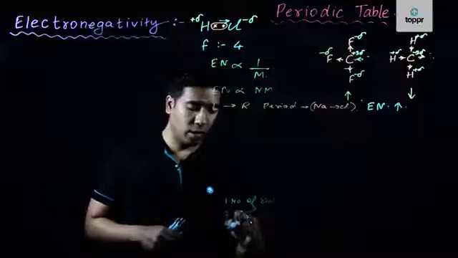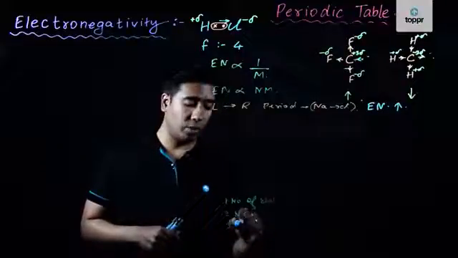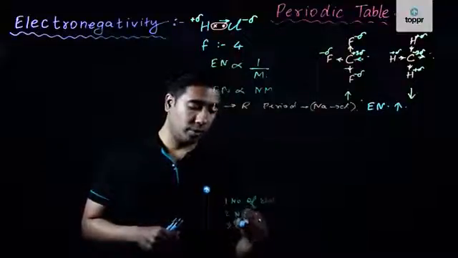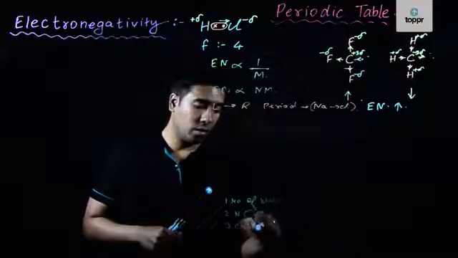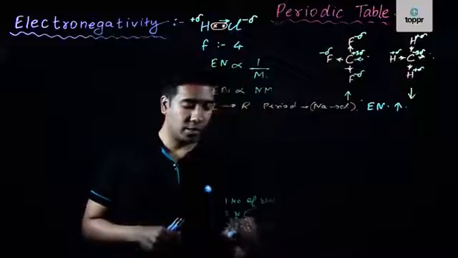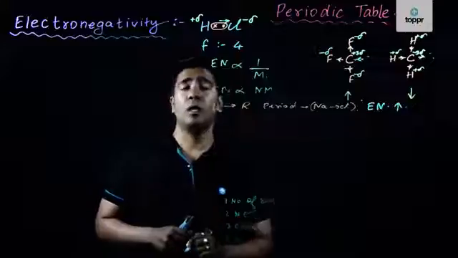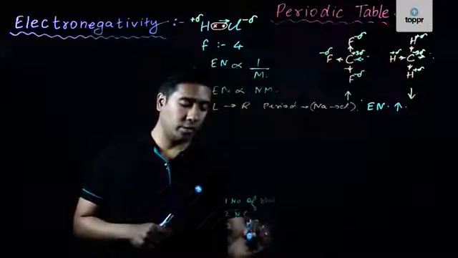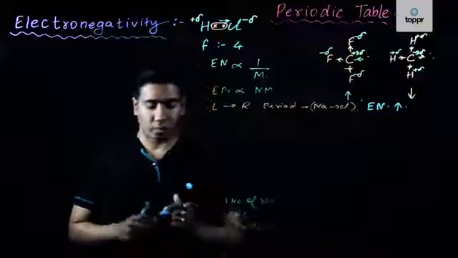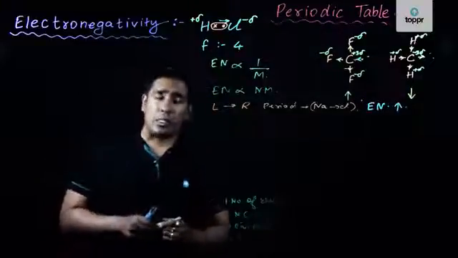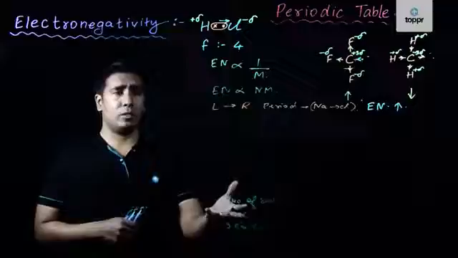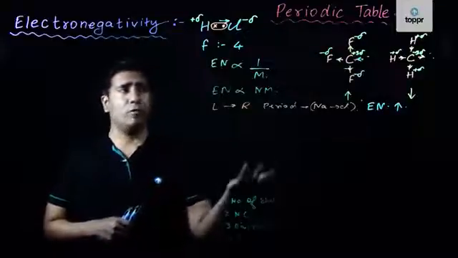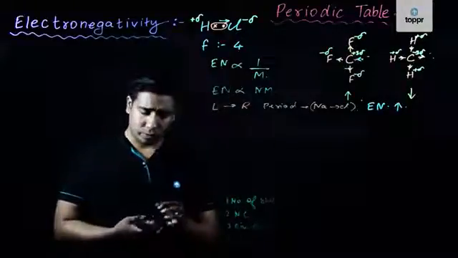Third, it will depend upon the electronic repulsion which is present. And fourth, it will depend upon something called the screening effect. So we use all these same 4 factors for determining the electronegativity also.